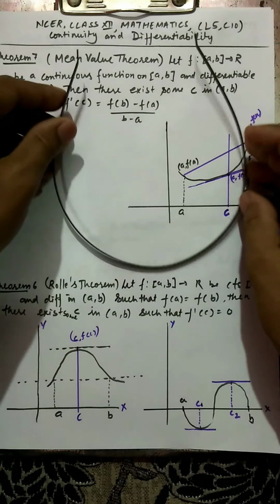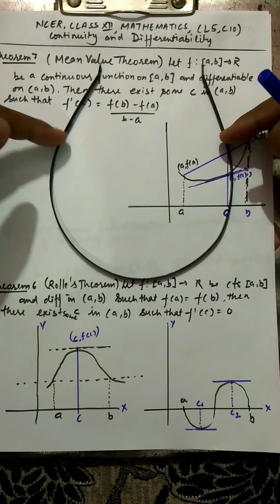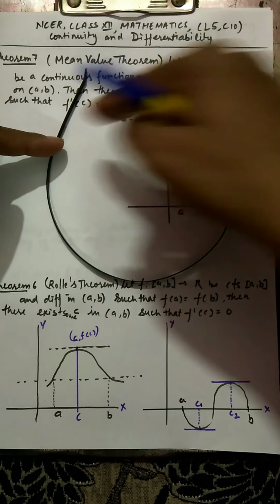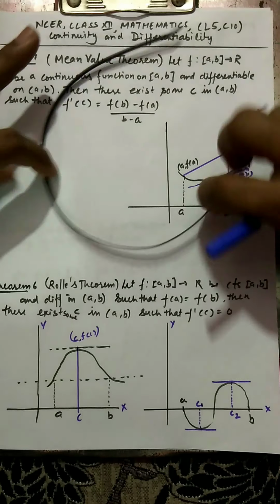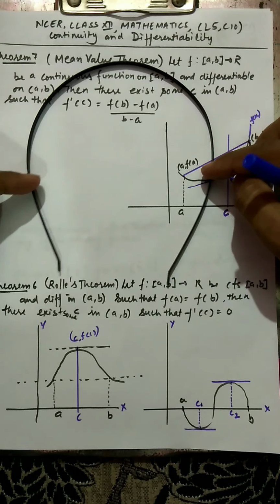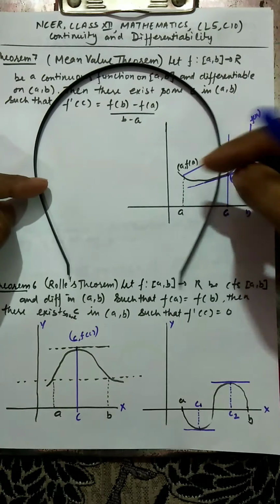They can be equal when they lie on one line, like this is f(b) and this is f(a). Or there can be a second position, where f(b) and f(a) are on a straight line.